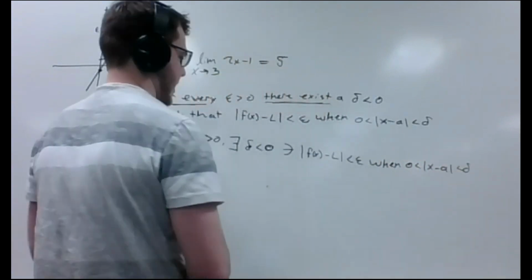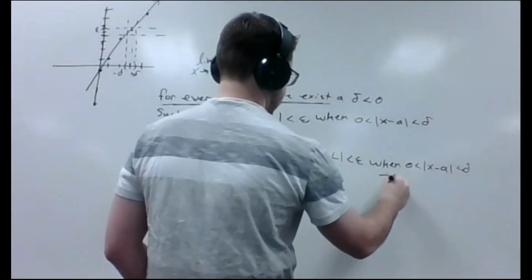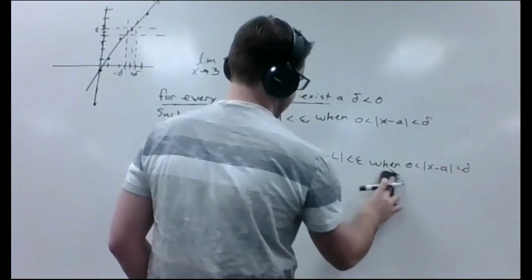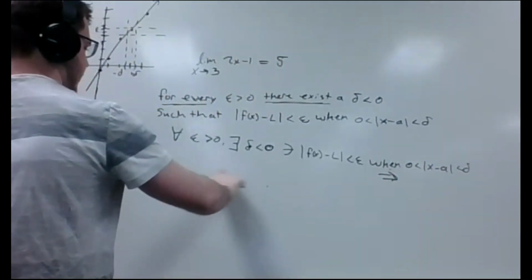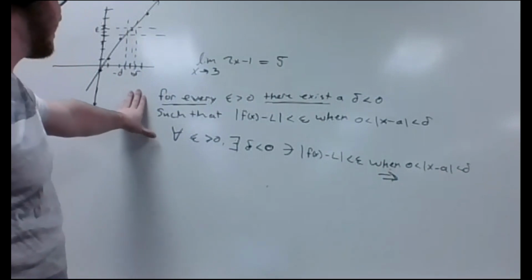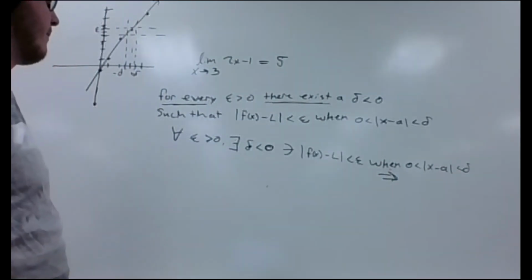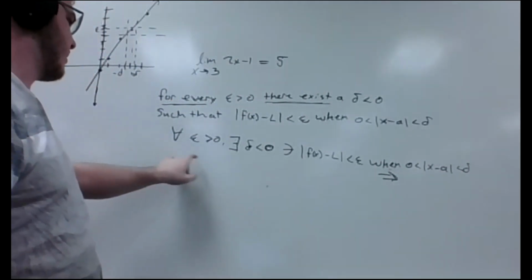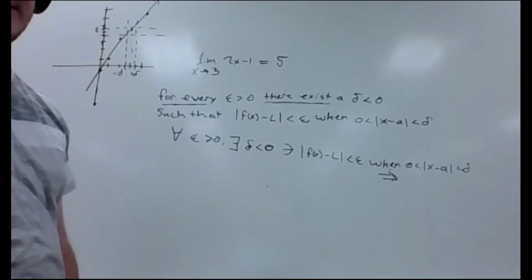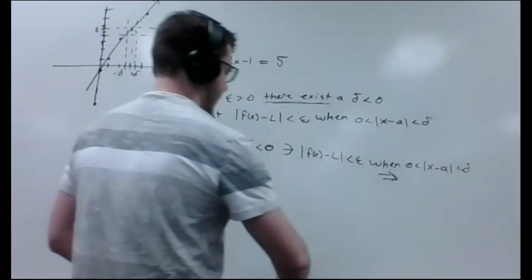Sometimes you'll see when as a double arrow, an equal sign with an arrow on it. Both ways will probably be acceptable, if you write it out word for word or in notation. The notation looks really funny, like an alien language.